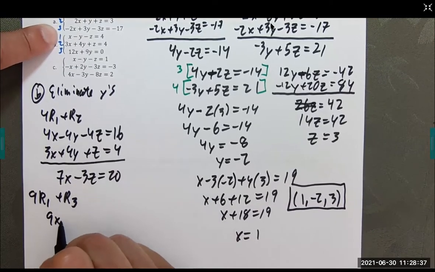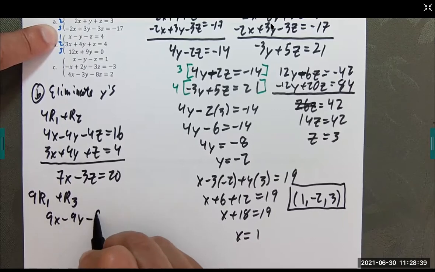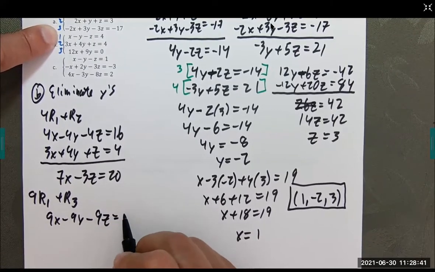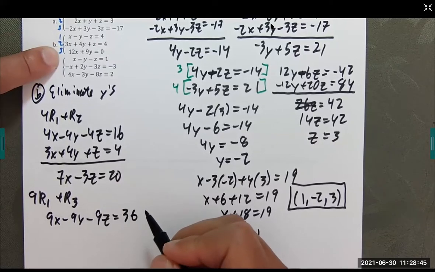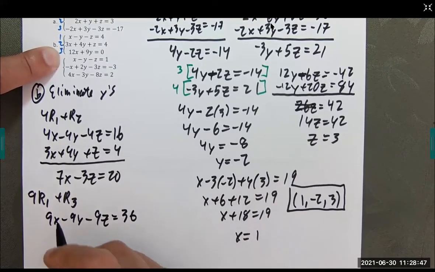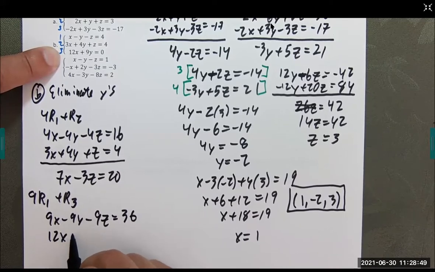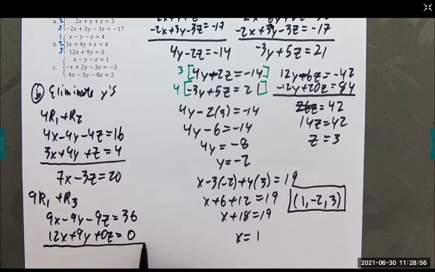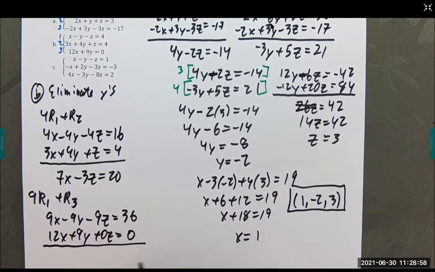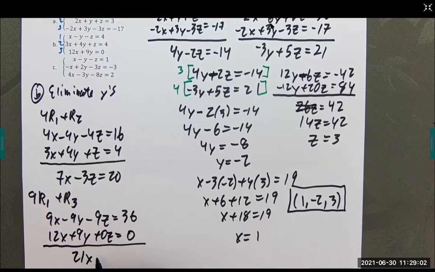So 9x minus 9y minus 9z equals 36. Row 3 gives me 12x plus 9y and plus 0z. I'm going to sneak that in there. Equals 0. Let's see what we get. It looks like we have 21x minus 9z equals 36.